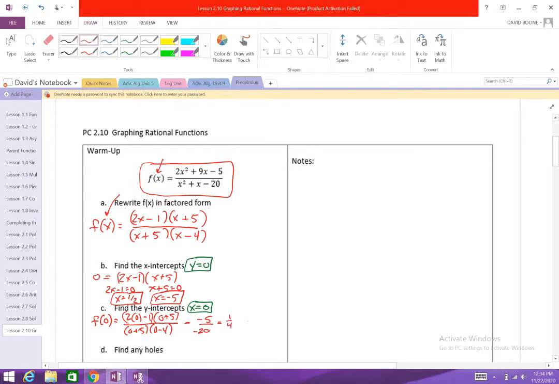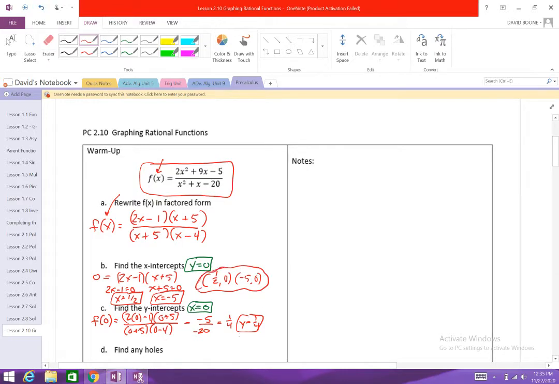So our y-intercept would be where y is 1/4. Now again, if we're talking about intercepts, we should have these as coordinates. So our x-intercepts here would be at (1/2, 0) and (-5, 0).